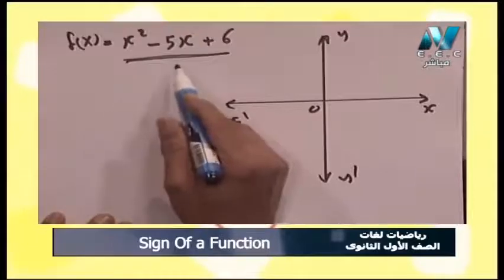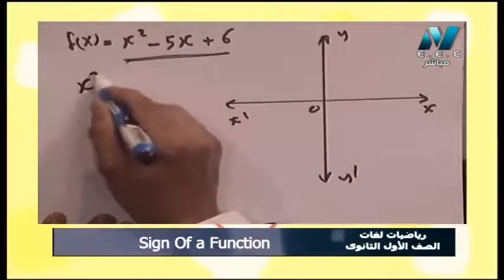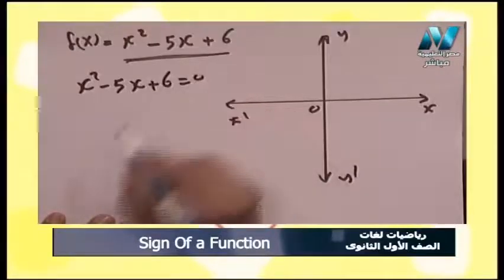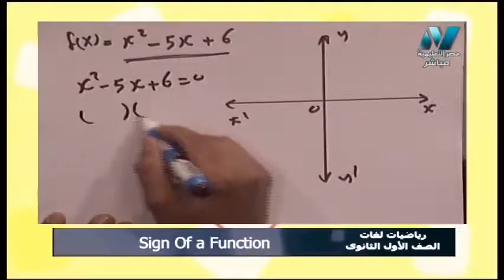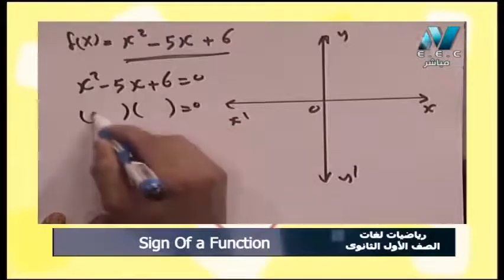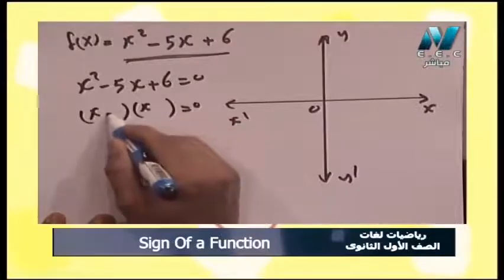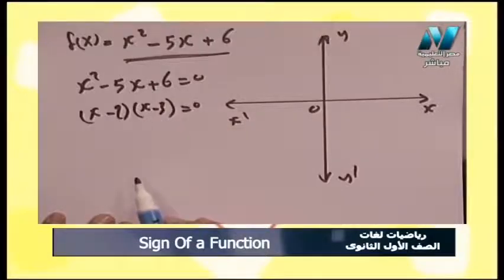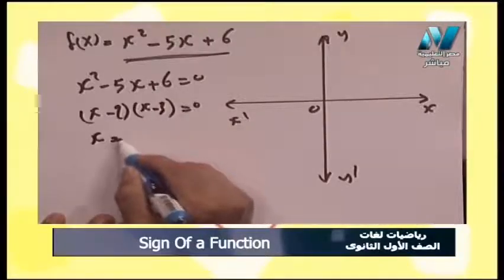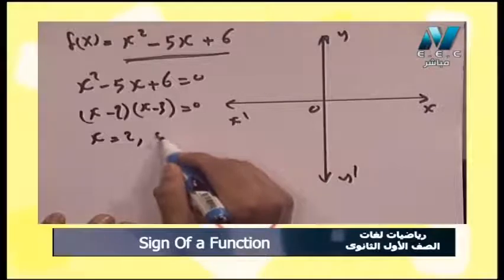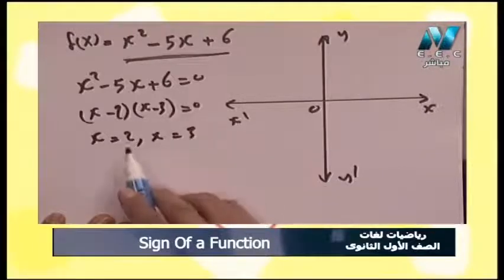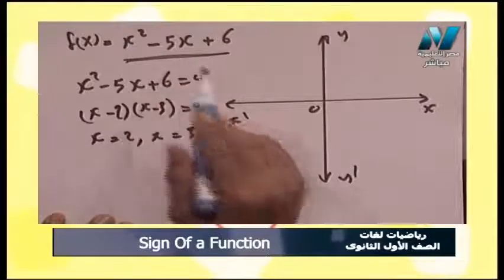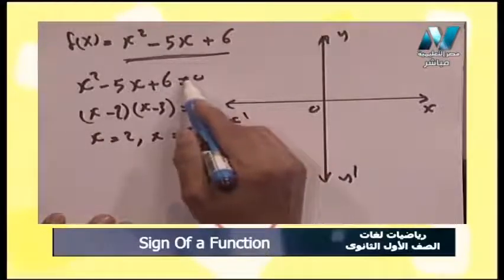If we would like to find the roots, we put x power 2 minus 5x plus 6 equals 0. So by factorization, it will be x and x, negative and negative also, 2 and 3. So x equals 2 and x equals 3 are the two roots of this function when equal 0, of course.